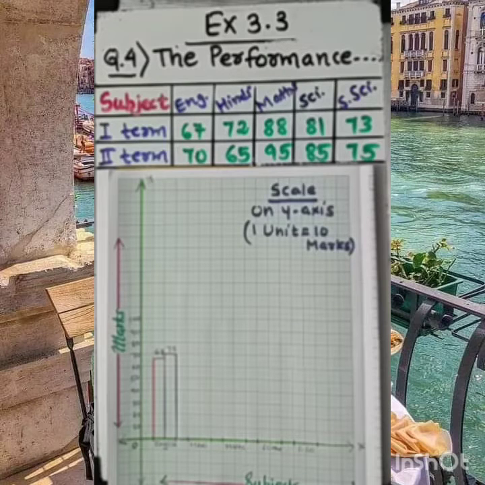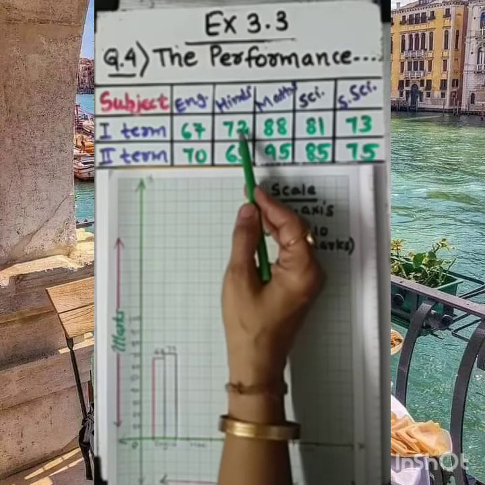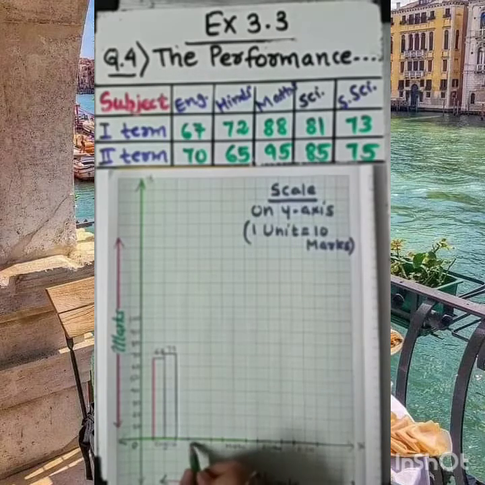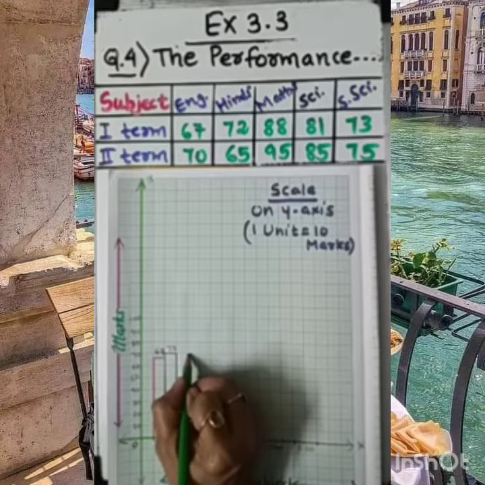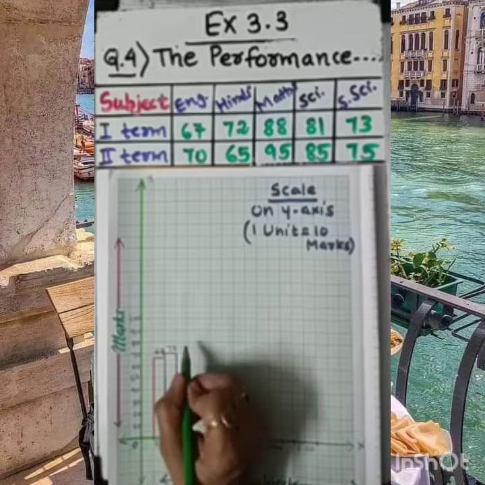The similar procedure we are going to apply for the Hindi subject. My dear student, for Hindi it is 72, you can see. So where to locate? 72 lies between 70 and 80, agree? And between 70 and 80, there are 10 equal parts.